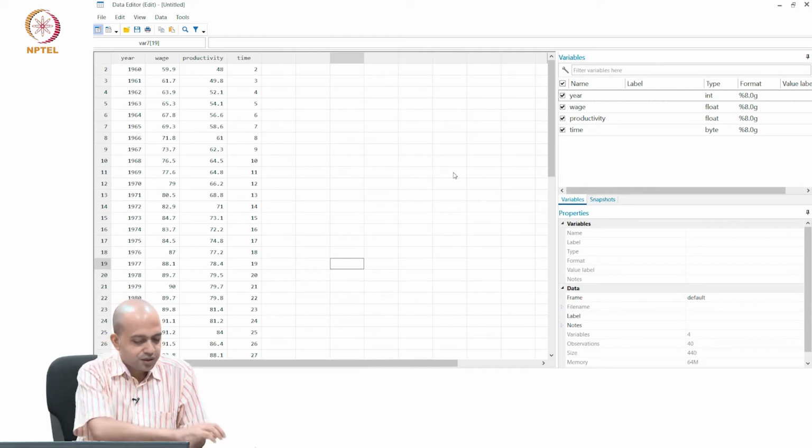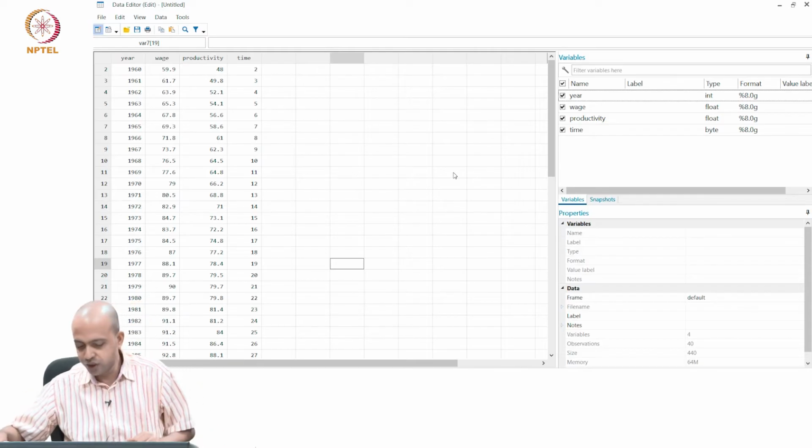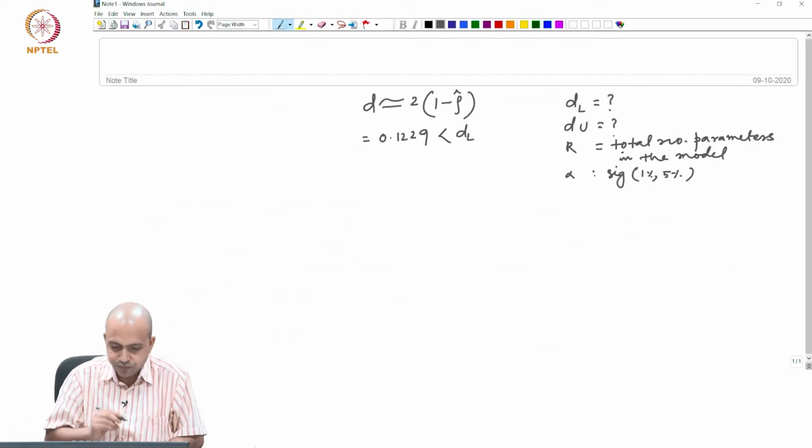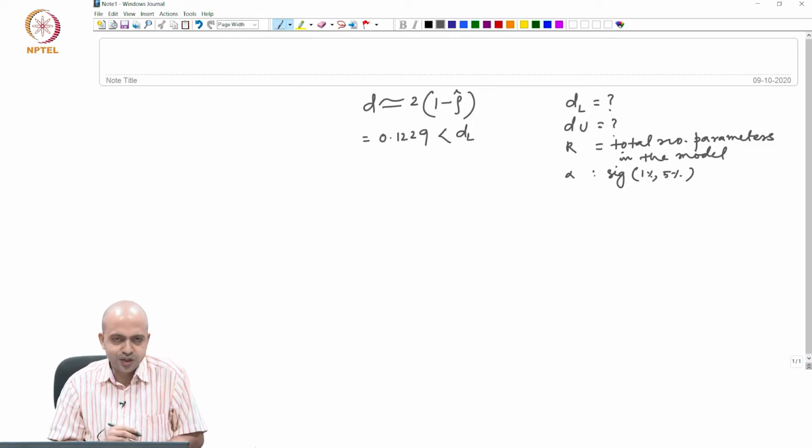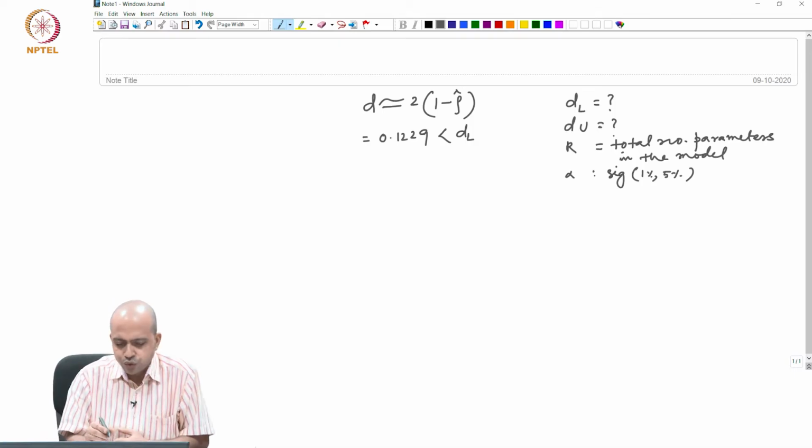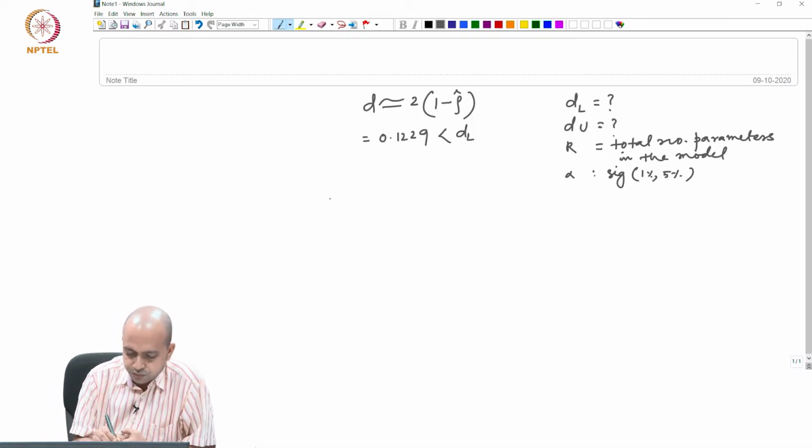We will estimate the model using the two variables, wage and productivity. Firstly, we need to think about which is the dependent variable and which is the independent variable.